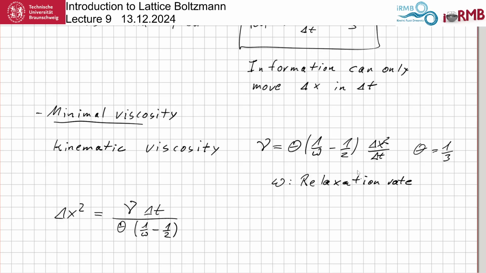So, what else do we have in the simulation? We have a velocity, a given velocity u, and this velocity u can also be written as the Mach number times the speed of sound, which is, I remind you, the square root of theta times dx divided by dt.